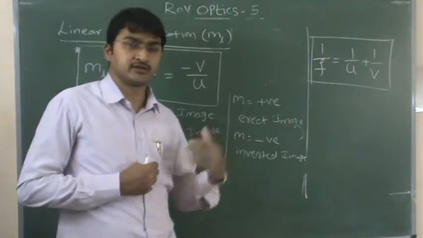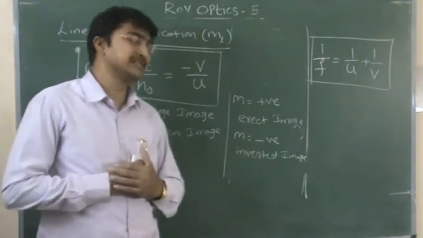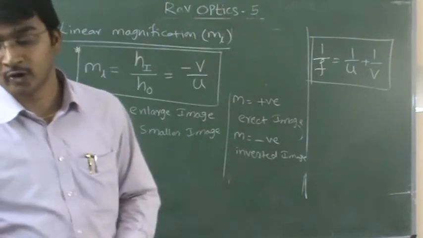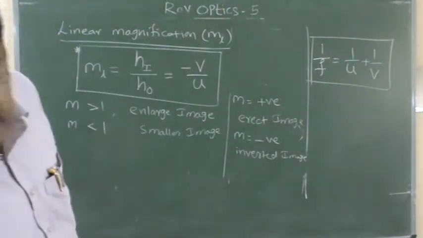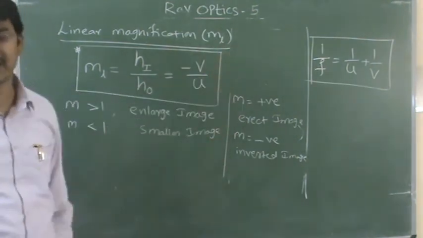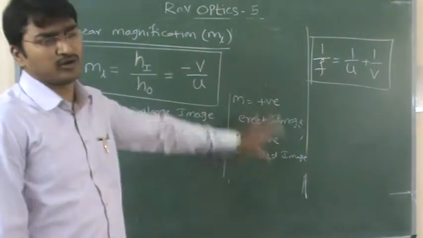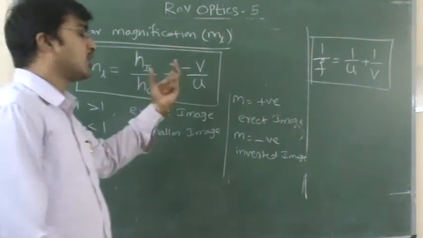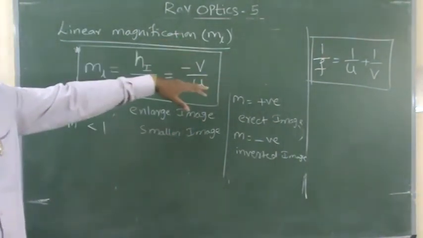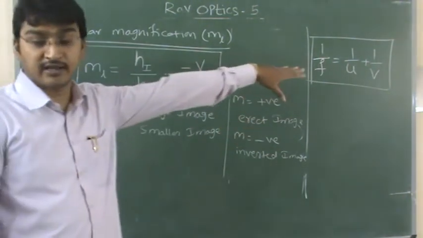If magnification is a negative term, then it is an inverted image. So these are the points regarding linear magnification. The derivation is given in the notes, just to follow it, but it's not a necessity for the board examination. But you should know how it comes. Just refer to the notes, and I have given a few points also. What I discussed here, the points I have given as a note.